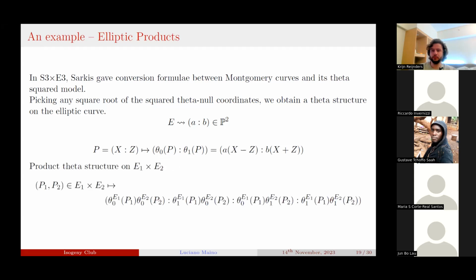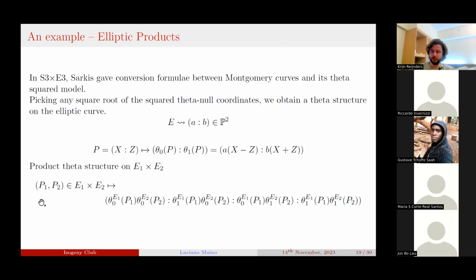When we look at the elliptic product E1 cross E2, we can endow this elliptic product with the product theta structure. And this product theta structure is really handy. I will give you explicit equations to work with theta structures. Starting from each curve, we can convert between the Montgomery model and the theta model.